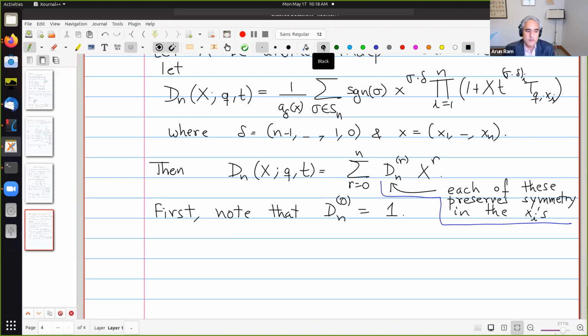Can I make a remark about this operator? In the context of Raghavan's talk, this is equal to the product, j going from 1 to n, of 1 plus y_j capital X. So maybe I should write that, from Raghavan's talk.